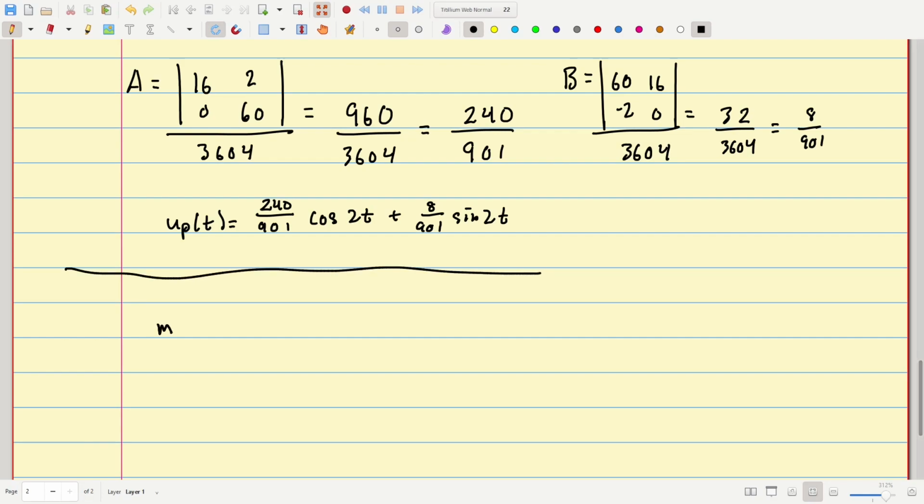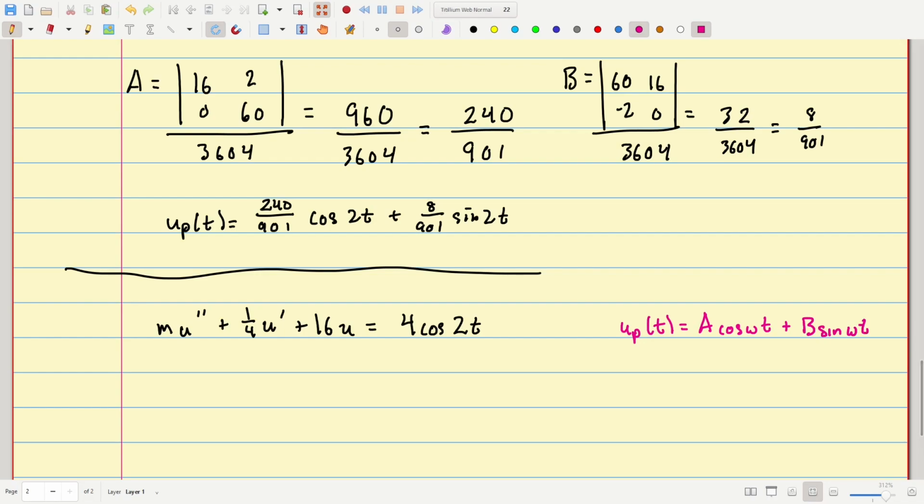If we start with the same differential equation, except we are going to allow m to now be a variable, we could redo this problem while looking at a particular solution of this form.